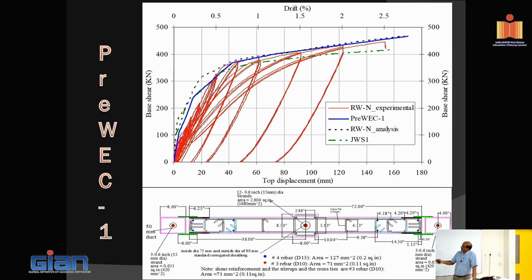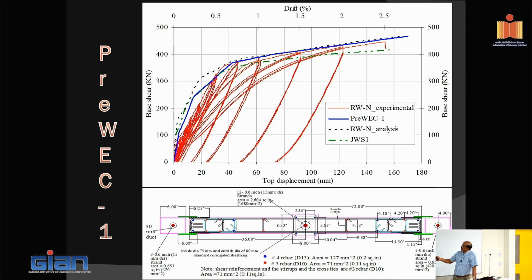This is the cast in place, this is the controlled rocking. The initial stiffness is similar; it tended to behave a little stronger or stiffer, but there's no non-linearity taking place in the rocking wall. This happens because you change the neutral axis depth, and that's what controls this behavior.